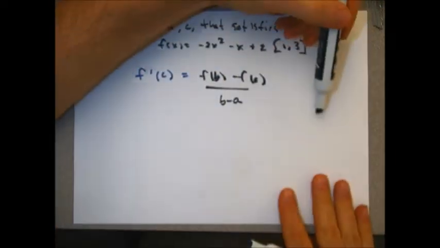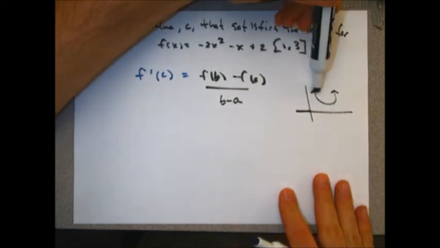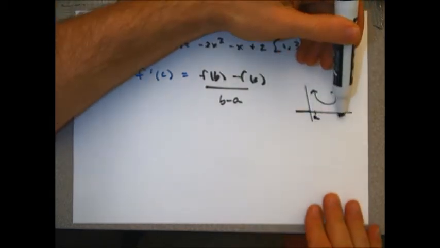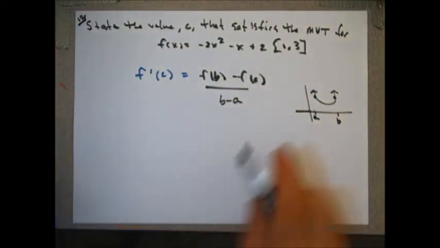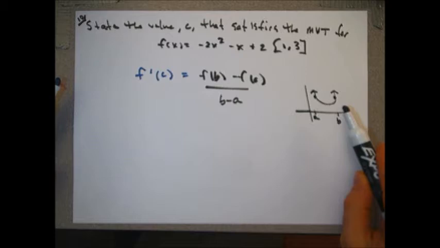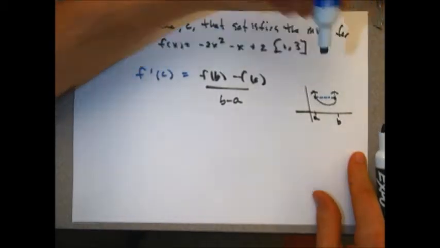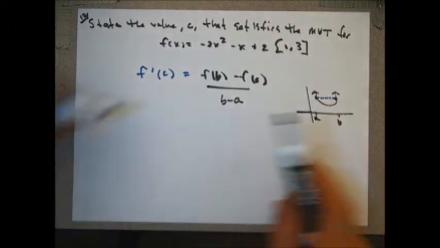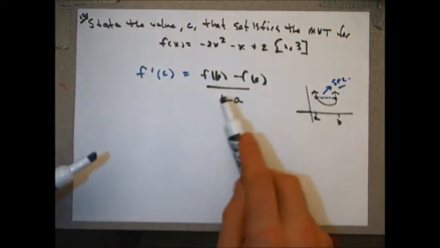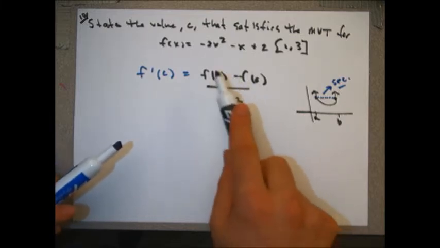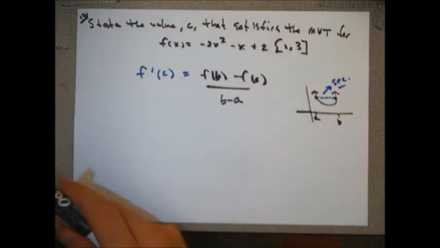Let's just make a sketch. Here's a graph, and this is a to b. If this function is differentiable and continuous, the mean value theorem says that if I find the average change from a to b, which we refer to as the secant line, that's just the slope as you know it, f of b minus f of a over b minus a, the y values minus the x values.